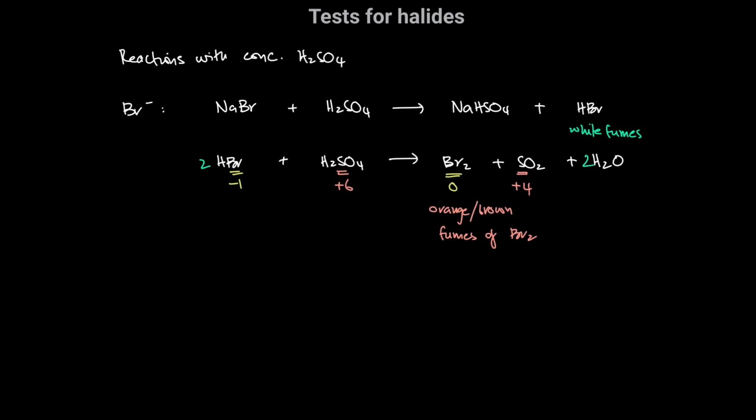Now we look at the equation for the overall process. The equation for the overall process is the following. Sodium bromide reacts with sulfuric acid to form sodium hydrogen sulfate, bromine, sulfur dioxide, and H2O.